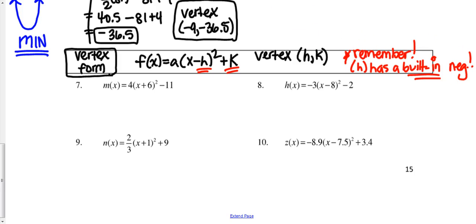So let's take a look at 2 of these together, especially focusing on this reminder that h has a built-in negative. I will be doing number 7 with you and number 8.